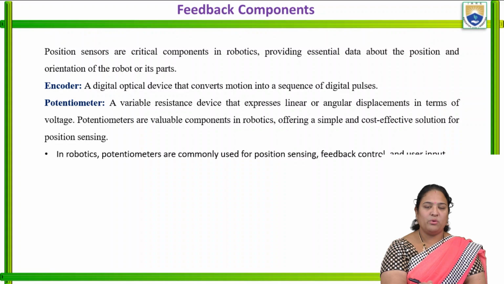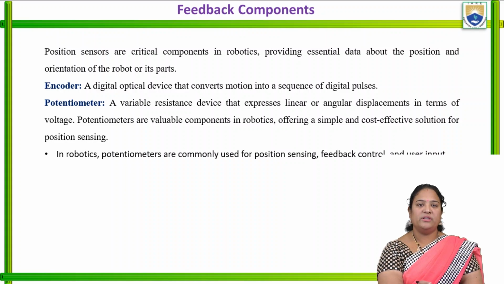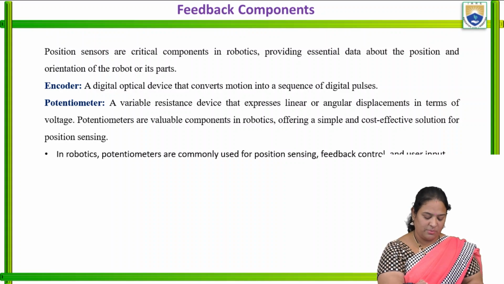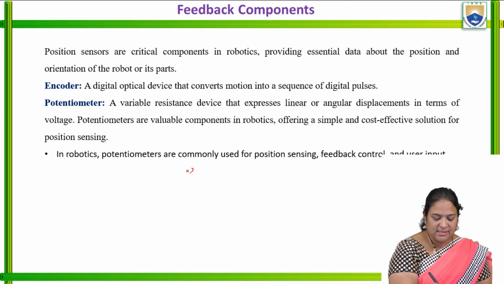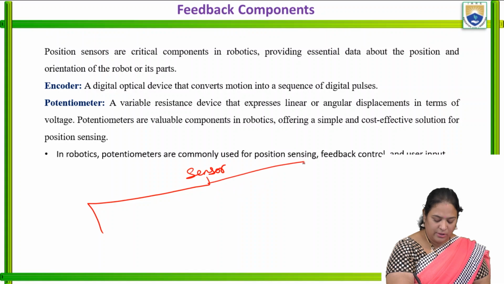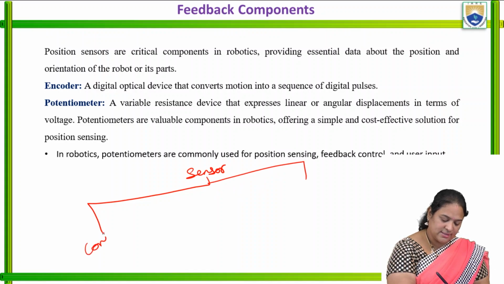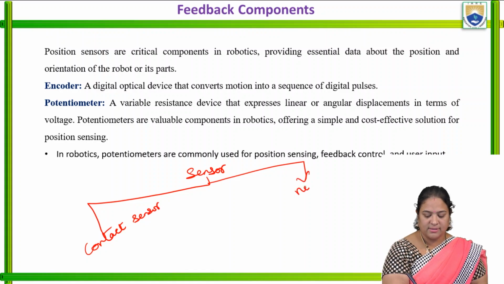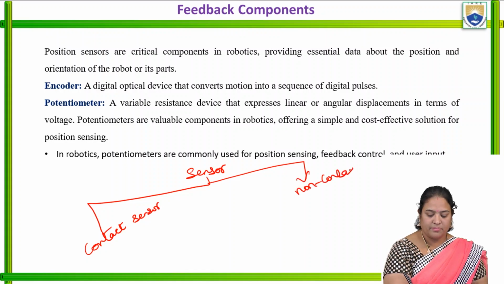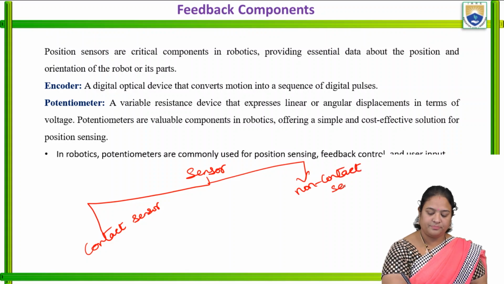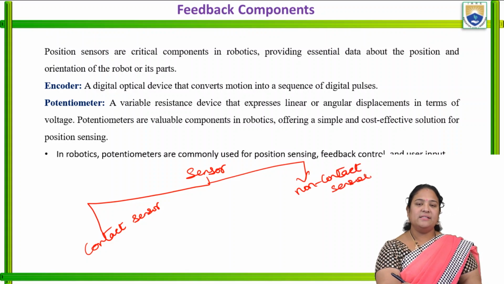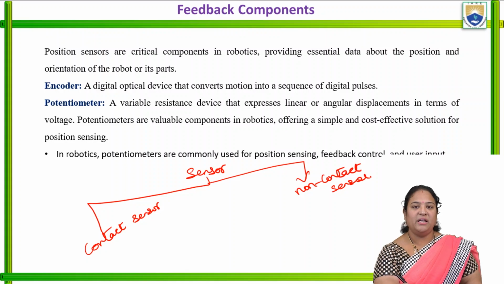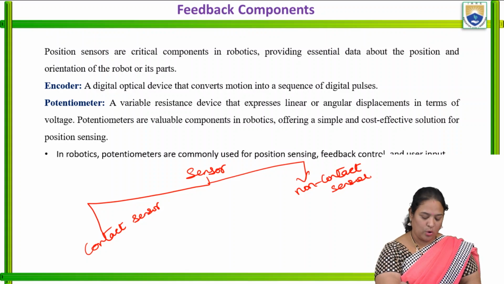Before we go in depth into the potentiometer, let us see that the sensor is again divided into two categories, that is contact sensor and the next is non-contact sensor. The sensor can vary depending upon contact and non-contact.